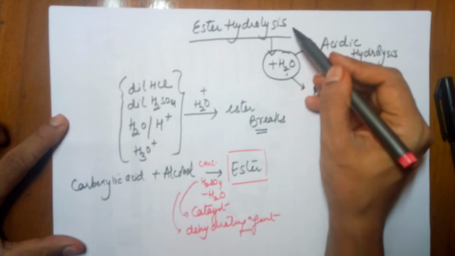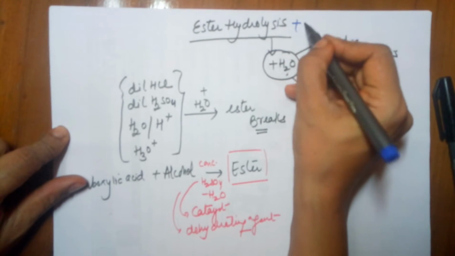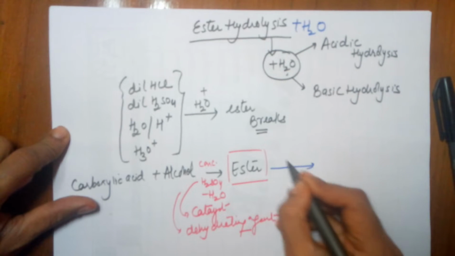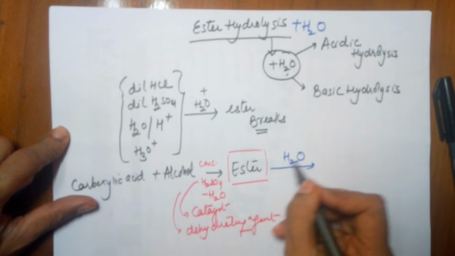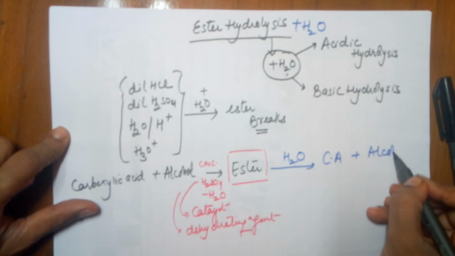Now, when I talk about hydrolysis, it is gain of water. If you want the ester to gain back the water that was lost, it's quite evident that the products would be carboxylic acid plus alcohol.